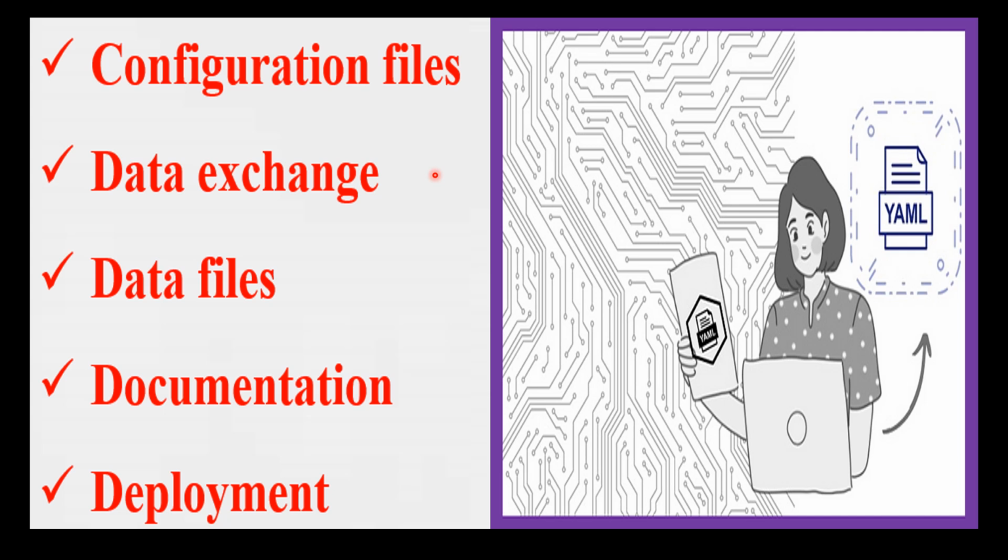Then it is used for data exchange. YAML is a popular choice for exchanging data between different systems or services, and it can be easily parsed and used in various programming languages, making it a convenient choice for data serialization and deserialization. Then comes data files. YAML files are used to store structured data such as settings, options or records in a simple and human readable format, and these data files can be loaded and processed by program scripts or tools.